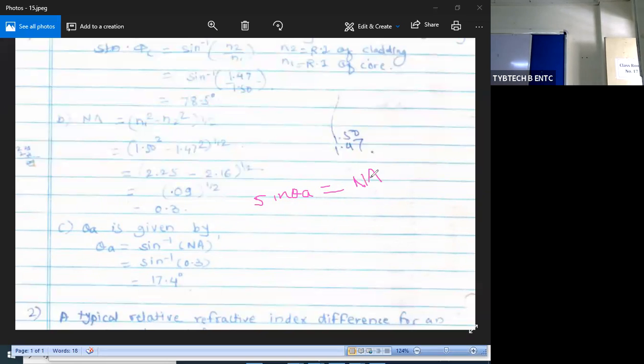Then how will theta A come? Theta A is equal to sin inverse of NA, that is sin inverse of 0.04. So tell me, what is the acceptance angle?